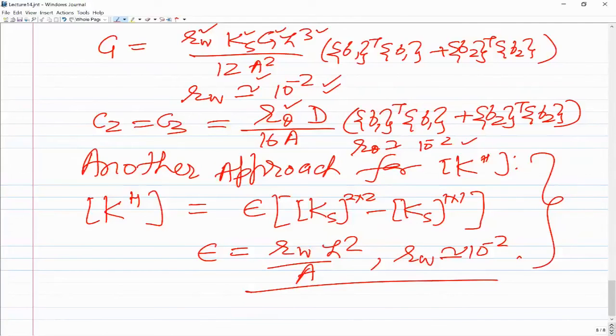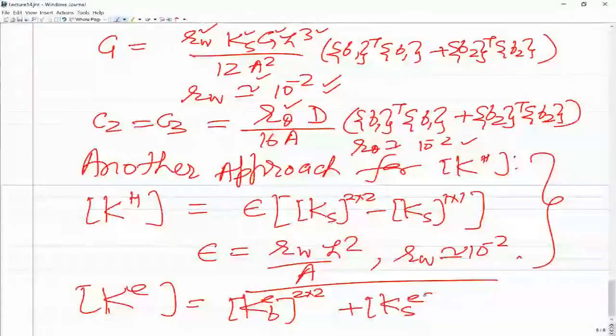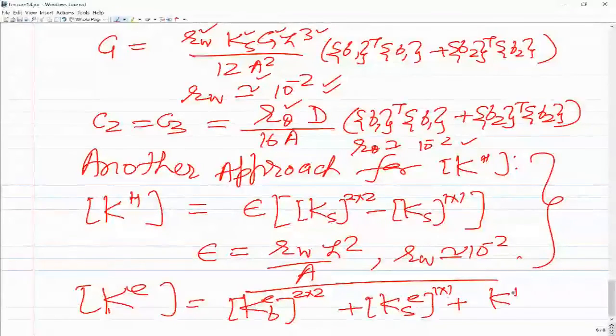So this KH in the second approach will add only to the shear stiffness, right? Yeah, now as I already said, the element stiffness matrix KE would be equal to KB, which would be for the element integrated using 2 by 2 integration, plus you will have KS for the element which is obtained by one point integration, and plus you will have this KH.